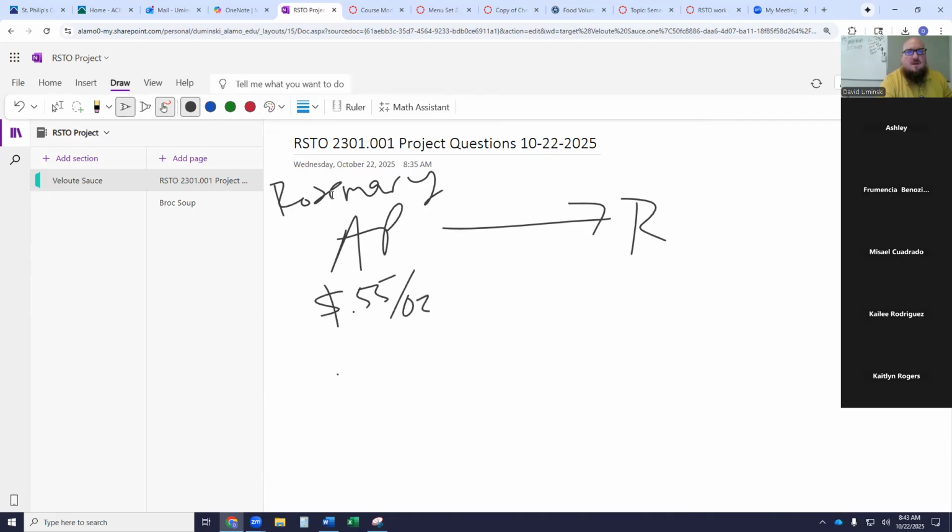That's what I did, and then we needed 8 tablespoons. So I converted the 8 tablespoons to 0.48, and then I multiplied them, but I could not get the correct answer no matter how many times I put it into Canvas. So I just waited till class to figure it out. Okay, sounds good. Let's double check everything.